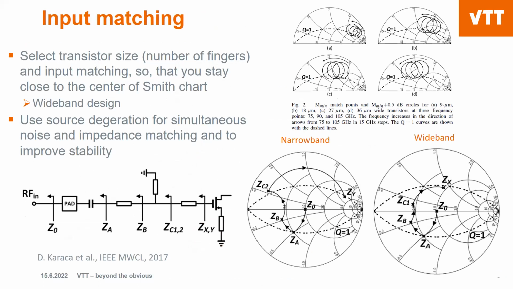This is a few figures of one of our papers. On the top right-hand corner, we show that this is a CMOS transistor where we again select an appropriate size for the transistors by putting fingers in parallel. In figure A, we have a 9 micron transistor, so I guess it's 9 transistors in parallel.